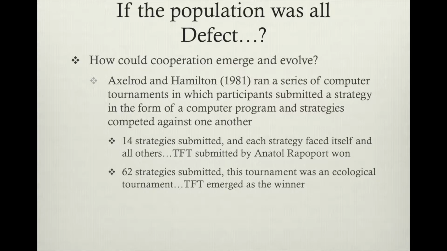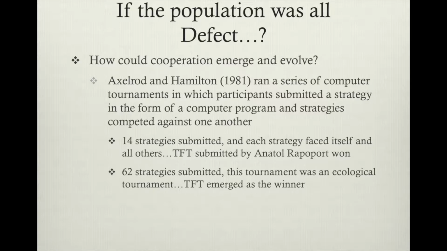Well, the first tournament simply had a probabilistic likelihood of future interaction that stayed constant. So you had like a 0.7 likelihood that you would interact in the future, or you'd have a 0.4 likelihood that you'd interact in the future.